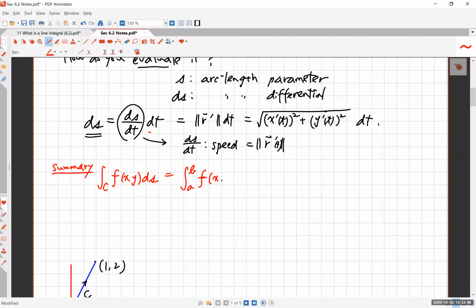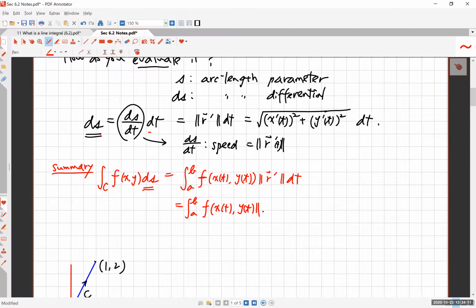So you write x in terms of t, y in terms of t. So everything from now on is going to be expressed in t. s will be gone. Instead of ds, I have the speed, which is the magnitude of r prime, and then dt. As I said before, you can even write this way.